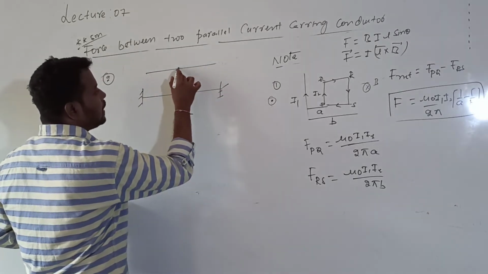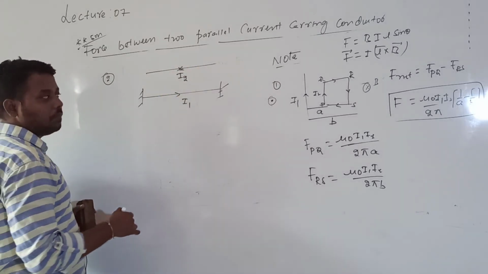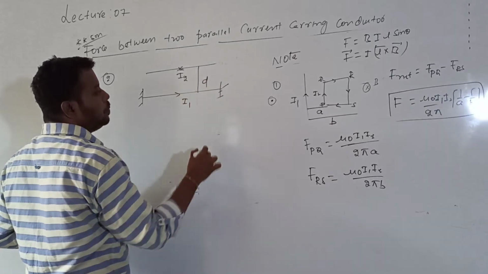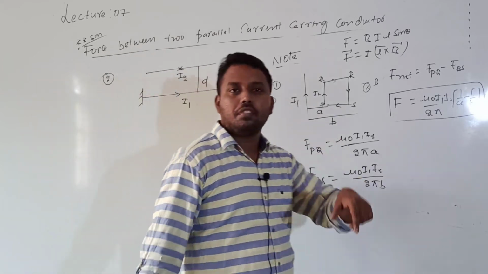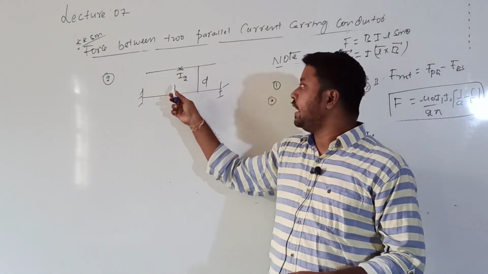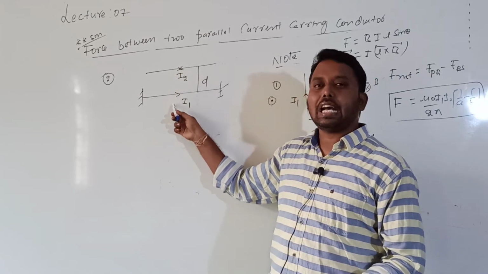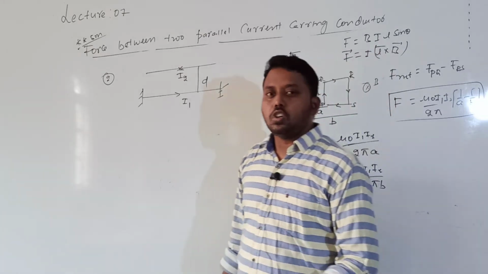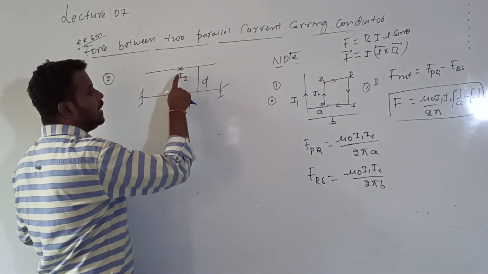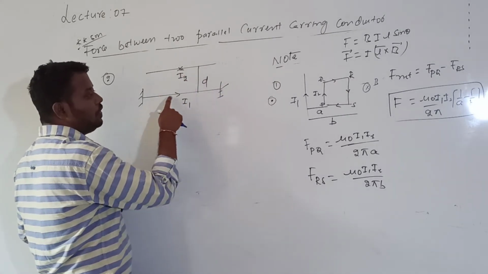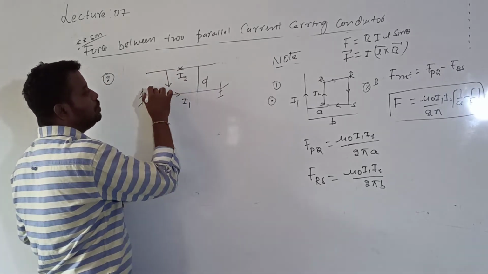Another conductor carrying a current I2 is kept above this current carrying conductor, such that the separation between both of them is D. I want to suspend this conductor carrying current I2 in equilibrium above the fixed conductor carrying current I1, when its weight is mg.